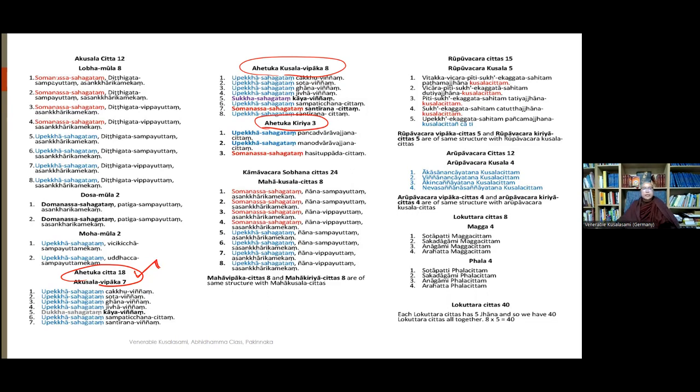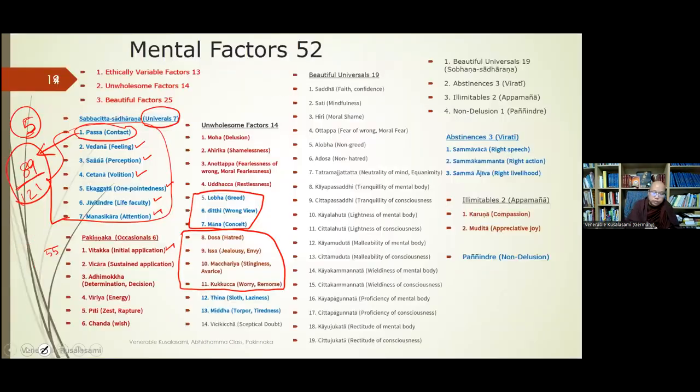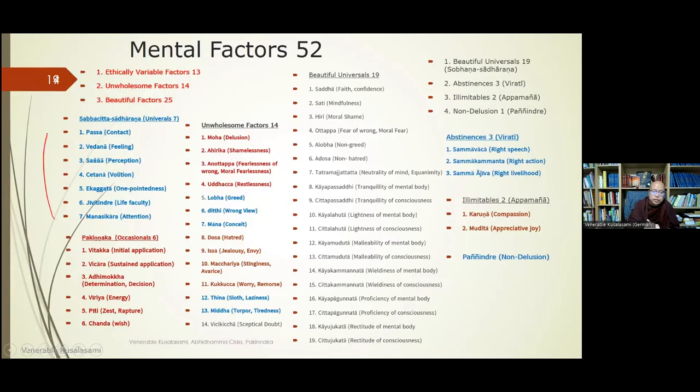Of the 18 rootless consciousness, out of the 52 mental factors, these 7 are together with the 18 rootless consciousness. And of these 6 occasionals, Vitakka can be together with the 18.